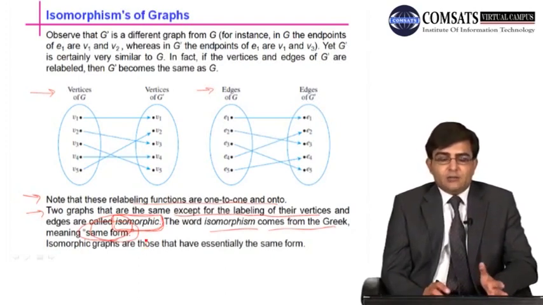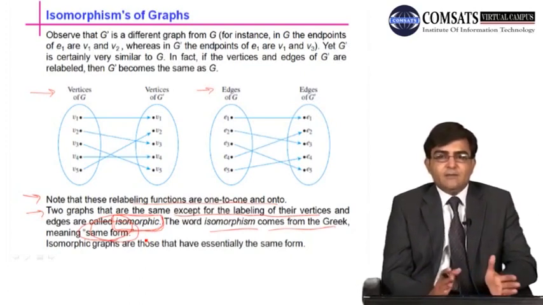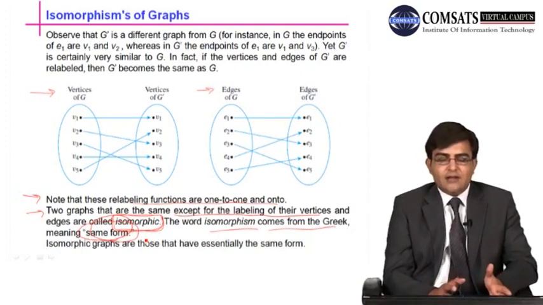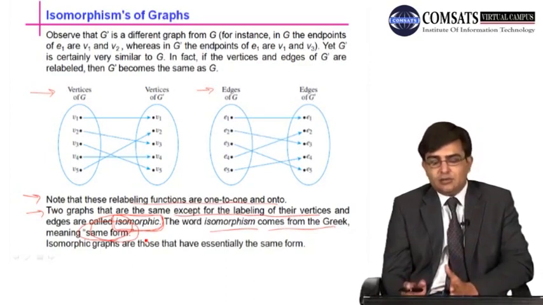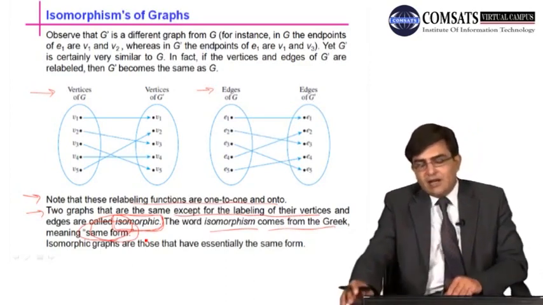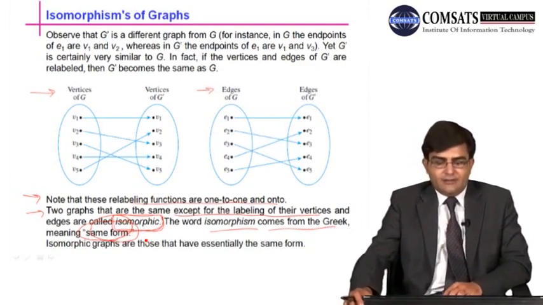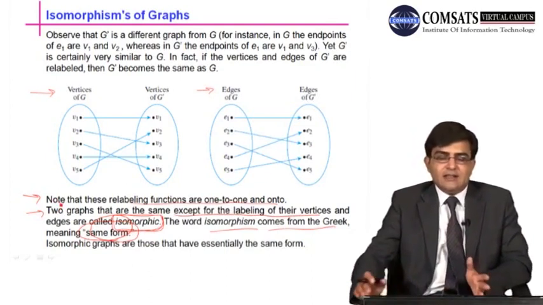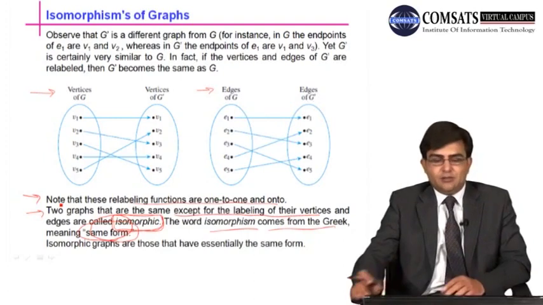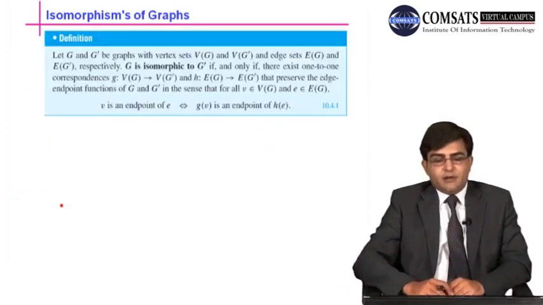Two graphs are isomorphic if there is a one-to-one correspondence between the vertices and edges of the two graphs. Such graphs are called isomorphic, or we can say that there is an isomorphism between these two graphs. So now the proper formal definition of isomorphism of graphs.